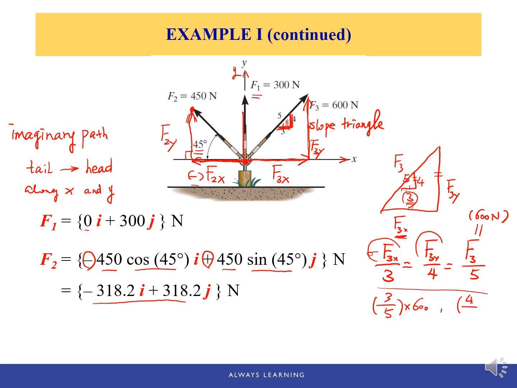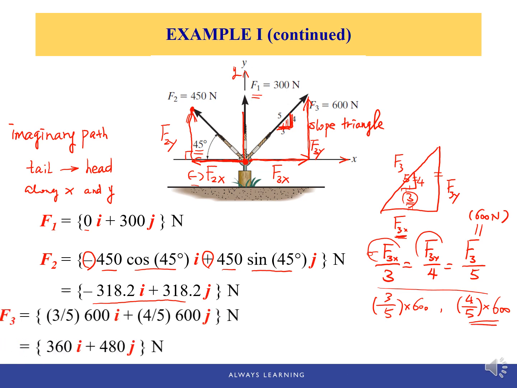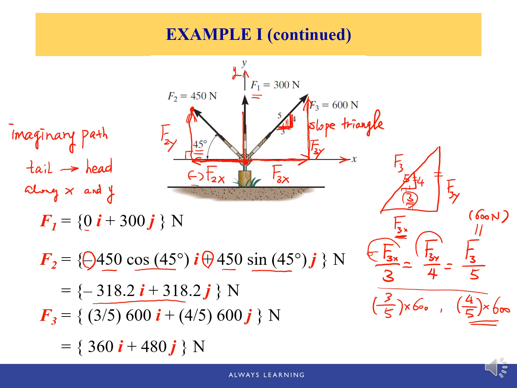So the length of F3y will be 4 over 5 times 600, because the resultant force, the magnitude is represented by 5. This is the F3y component. All right, so let's write down that. This is the F3 vector in component form. So in this single problem, we reviewed if we have a given angle, how do we find the components of the vector, and if we are given a slope triangle, how do we find the components of this vector.